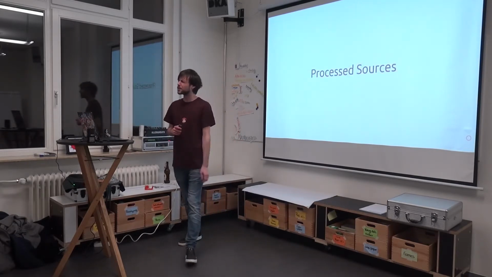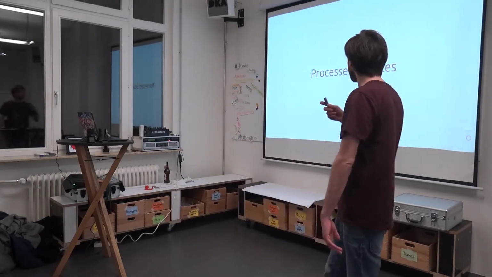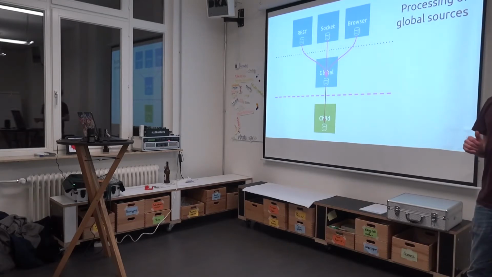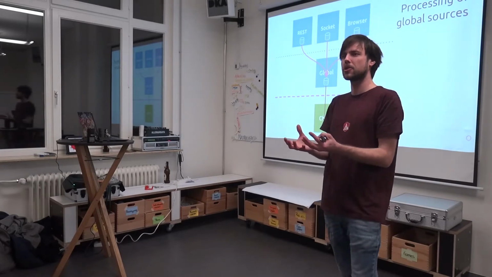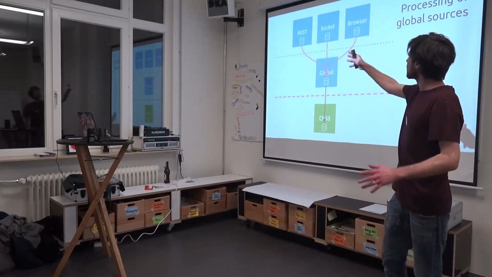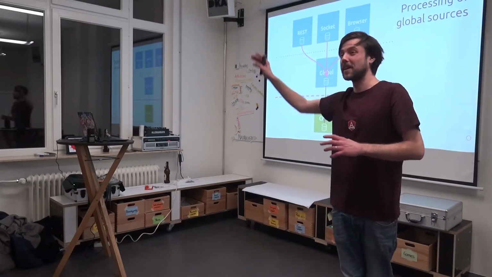What are processed sources? I never gave you any example what sources are and locally global sources. So these are like global sources, remote sources. I call them remote because they don't live in my application. And with remote, I not only talk about sockets and stuff that is really not on your machine, but on another machine.